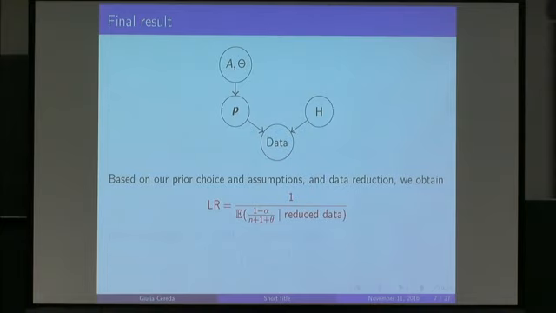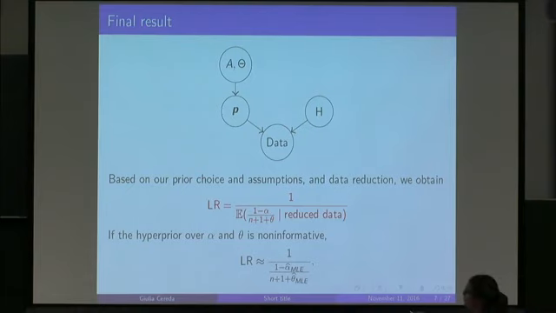And moreover, what is really nice here is that if the hyperprior for alpha and theta is pretty uninformative, we check and we show, for instance, with the word data that I have, that we can easily and safely approximate this likelihood ratio by plugging in the maximum likelihood estimator for the two parameters.